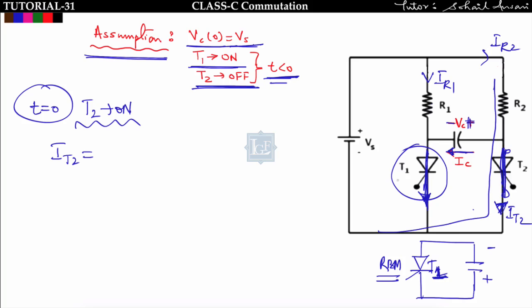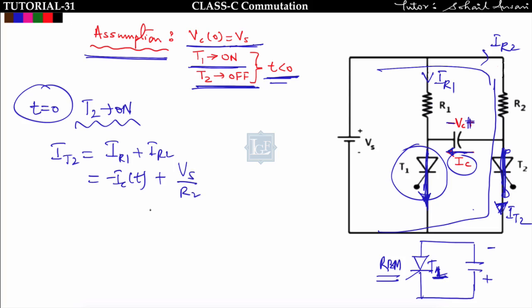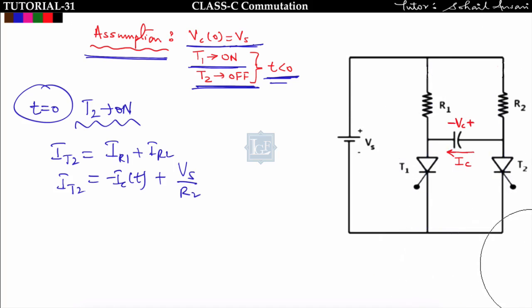So IT2 will be equal to IR1 plus IR2, and I can write IR1 as minus IC of t, plus IR2 can be written as Vs upon R2. So if I find IC of t, then I can easily find IT2. Now to find IC of t, what will we do? We will first find Vc of t.